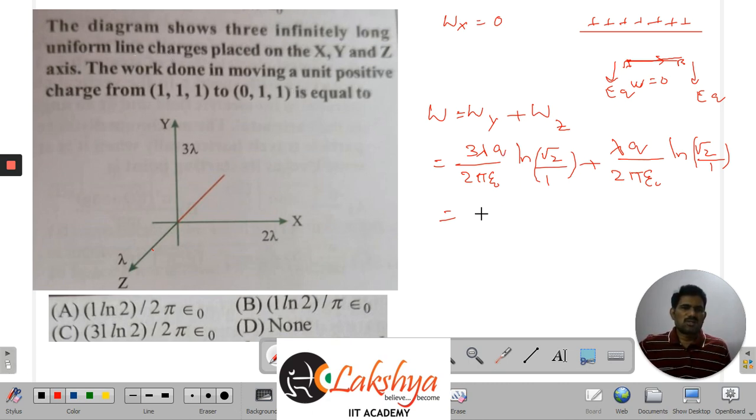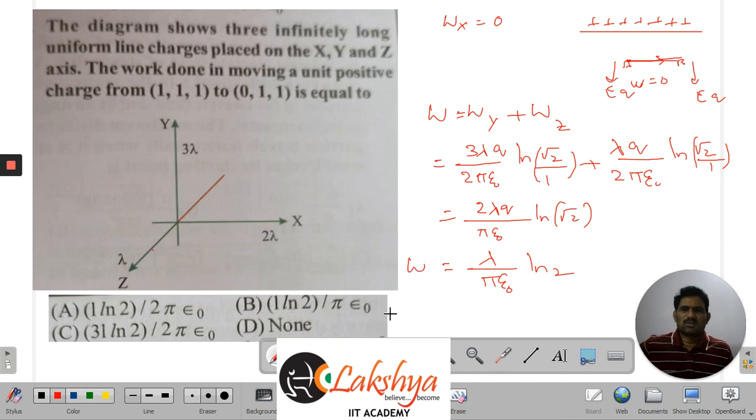So small q is 1, and 3 lambda by 2 pi epsilon naught plus lambda by 2 pi epsilon naught gives 2 lambda into q by pi epsilon naught into ln root 2. And ln root 2 means we can write ln 2 whole square, so finally this is lambda by pi epsilon naught into ln 2. This is the work done here, because I am substituting this small q value as 2.